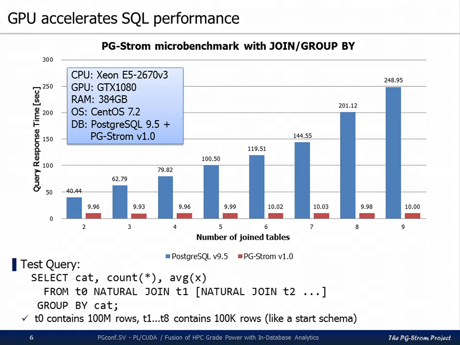And as the number of tables increases, response time grows rapidly in the PostgreSQL case, but in the case of pgstrom, the increase of response time is very flat.